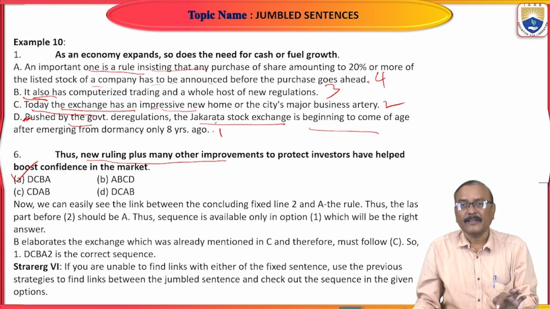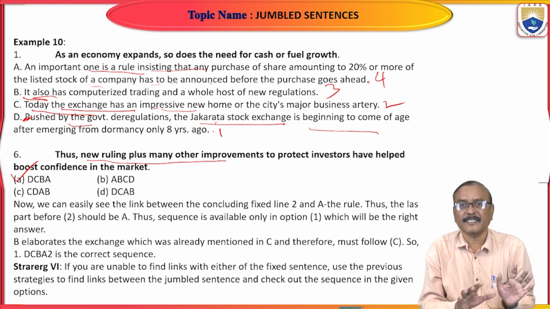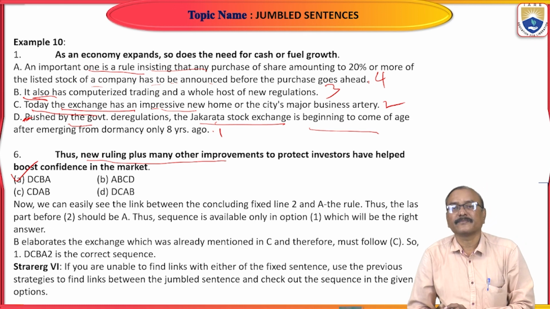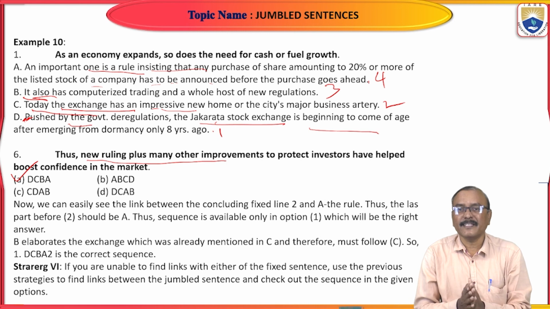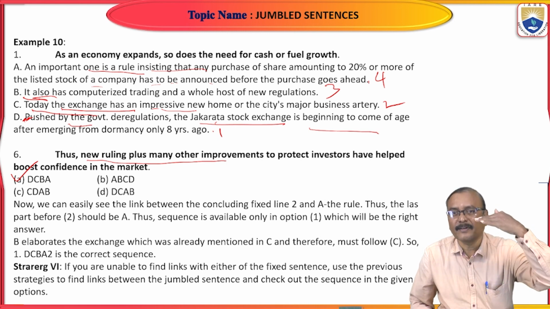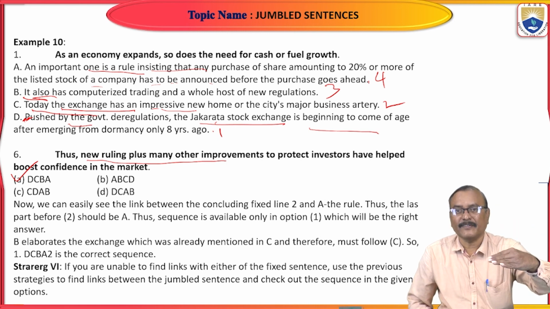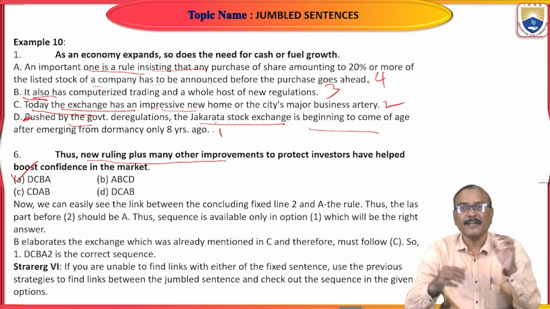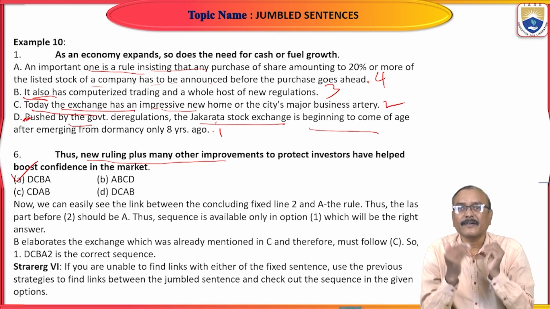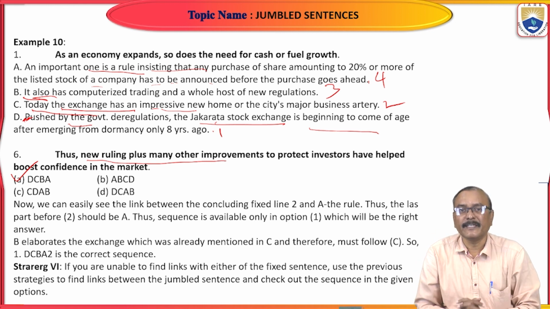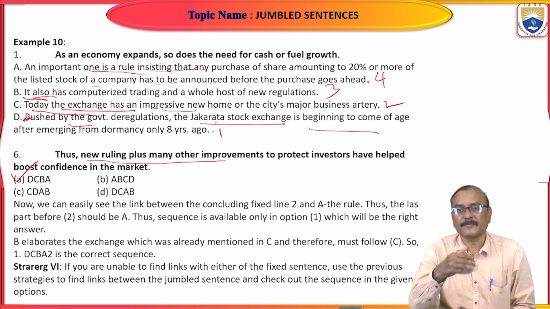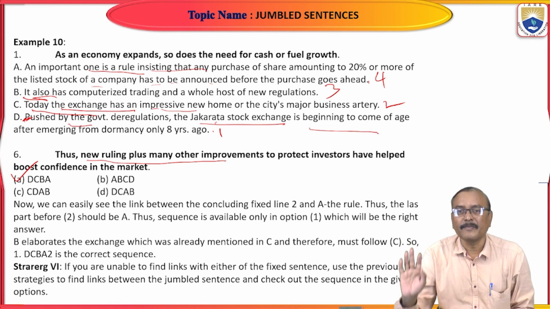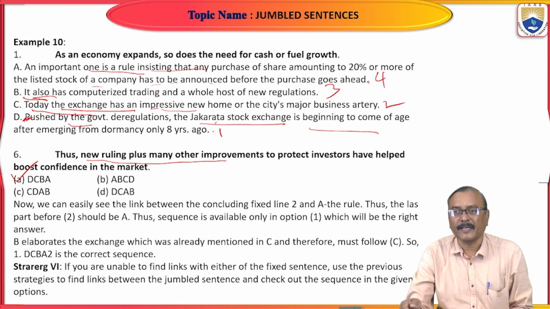Think whether B is coming after A or A is coming after B. Just make it clear here. In most cases, if you are able to recognize the first sentence of the paragraph, see the options, only 1-2 options will be left, and read in that order, get some sensible meaning, a sensible link, then you will automatically become correct.